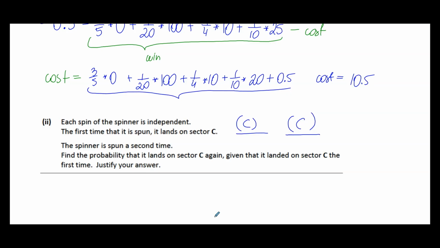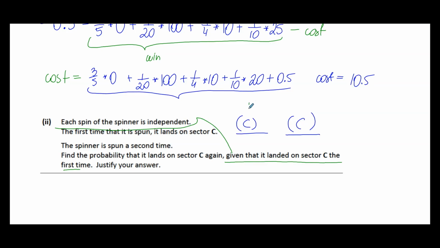Okay, and this was a very tricky question. They were trying to trick you by saying, given that it landed on C sector the first time. So you're thinking, oh, conditional probability, isn't it? Because that's how it works, given that the first event happened. However, here, each spin is independent.